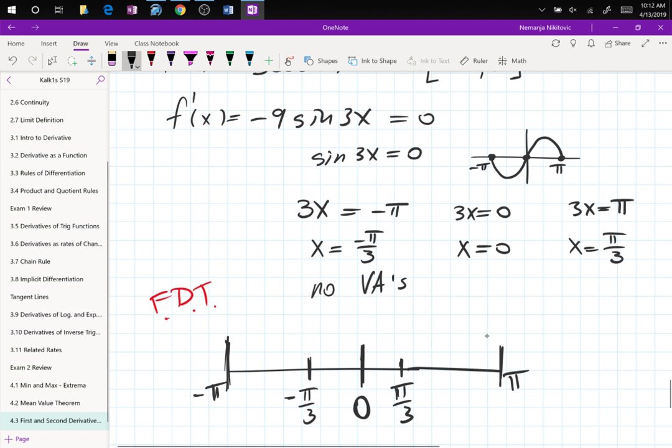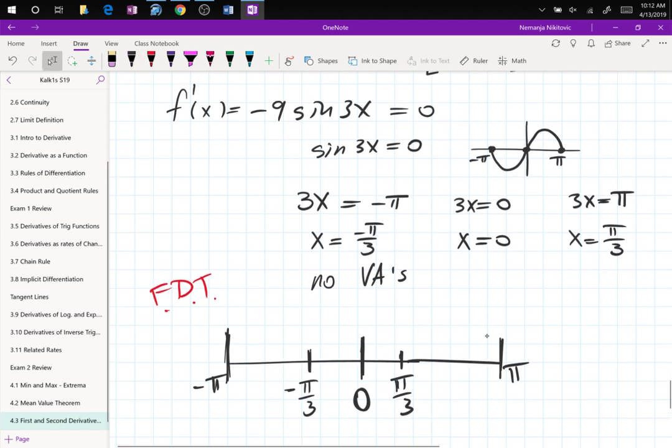And we are supposed to choose test points. Now all of my calculations are at 3x, so I'm going to choose test points that have multiples of 3 in the denominator to make it easy. I can't really pick 2 pi. I can pick pi over 2, but that'd just be annoying.